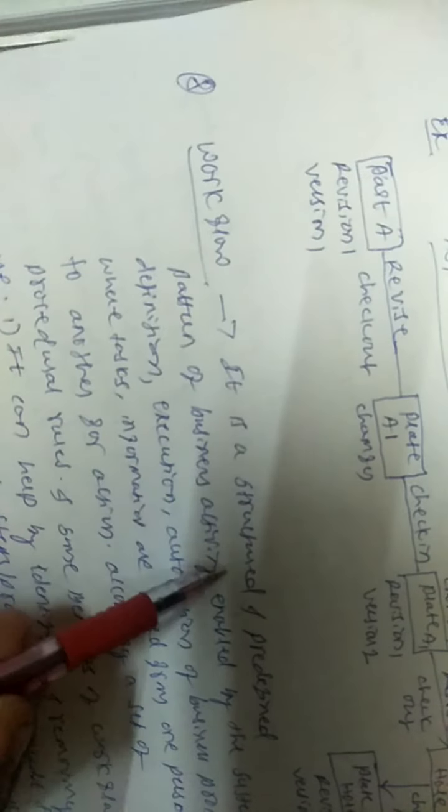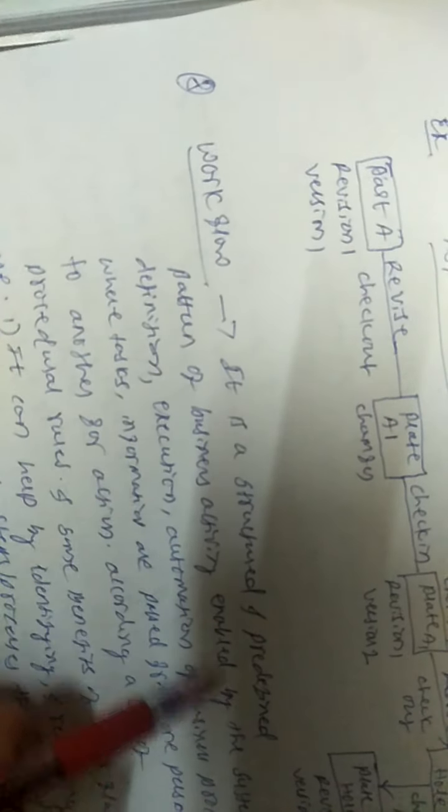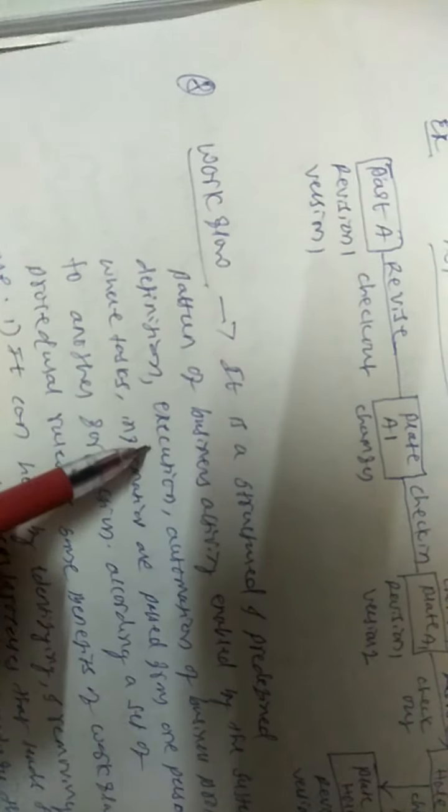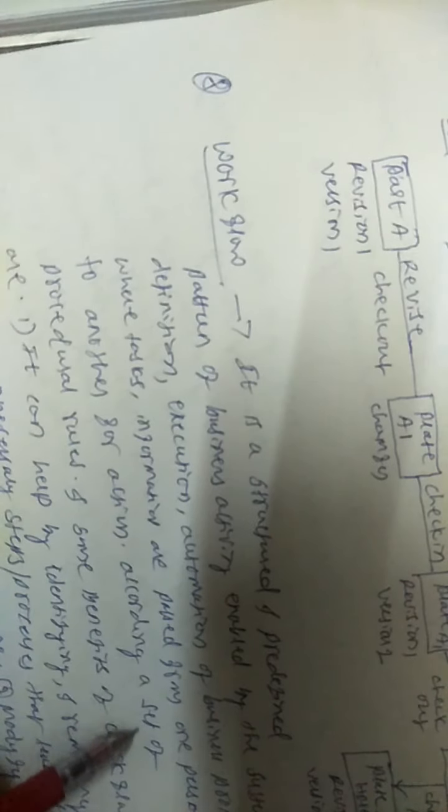Next one is workflow. It is a structured or predefined pattern of business activity enabled by the systematic definition, execution and automation of business processes, where tasks and information are passed from one person to another for action according to a set of procedural rules.